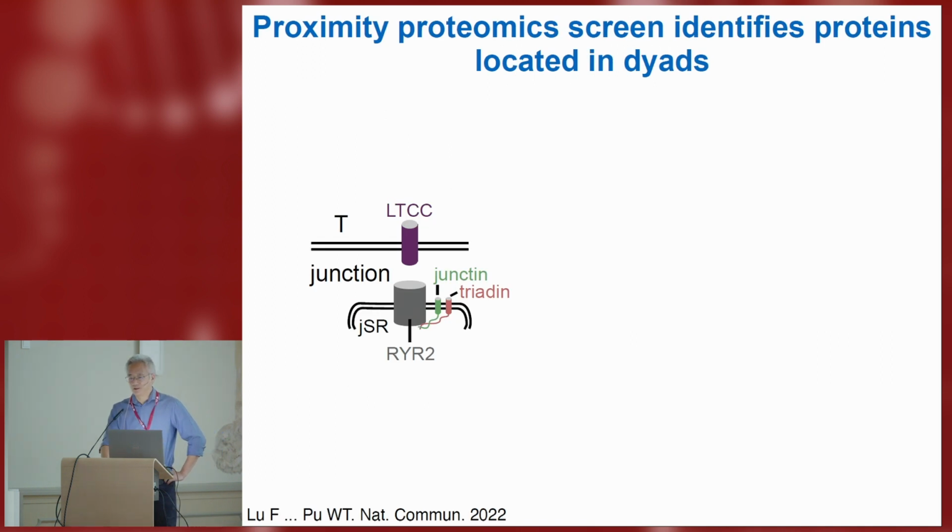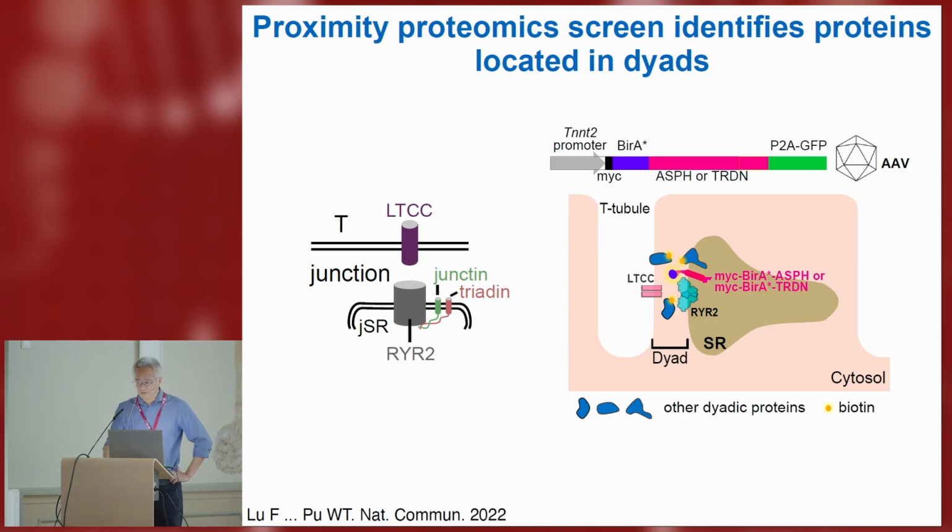So we undertook a proximity proteomic screen to identify proteins that are in the dyad. We took advantage of the known ryanodine receptor complex, which also involves these proteins junctin and triadin. And we fused the BioID to these proteins, and that will in vivo biotinylate proteins that are in the dyad.